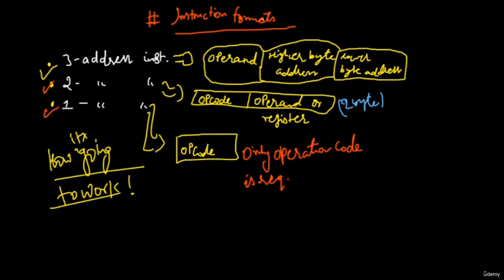Like it only has opcode in one instruction format, or opcode and operand, or a register, or the third instruction format, which has instruction execution and everything involved in it. So these are the three kinds of things that we have right now.